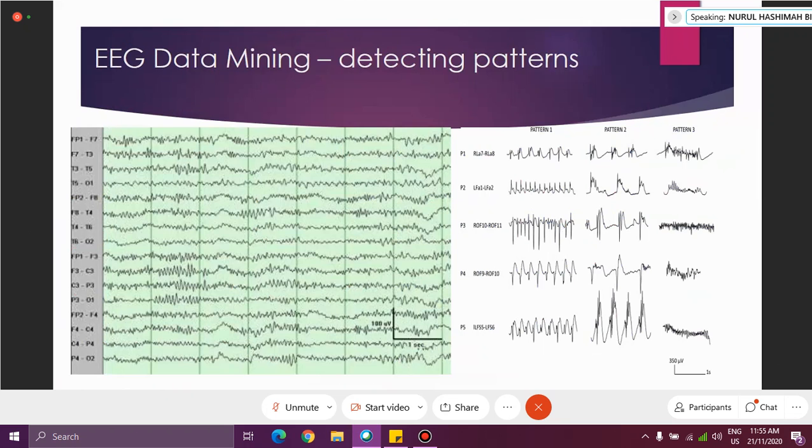So this is data mining. Data mining is where we detect patterns. If this case happens, what are the patterns? Pattern 1, pattern 2, pattern 3. So we compare patterns: if this pattern appears here, then this situation exists.